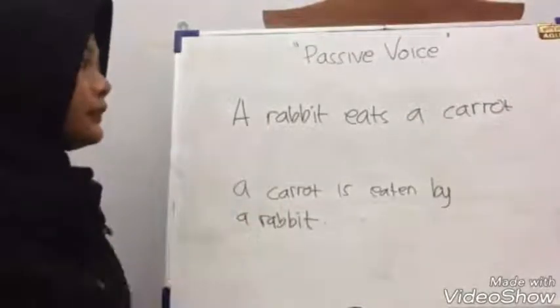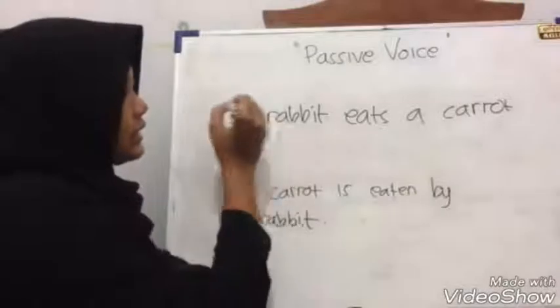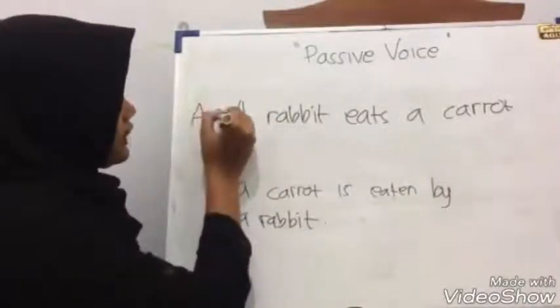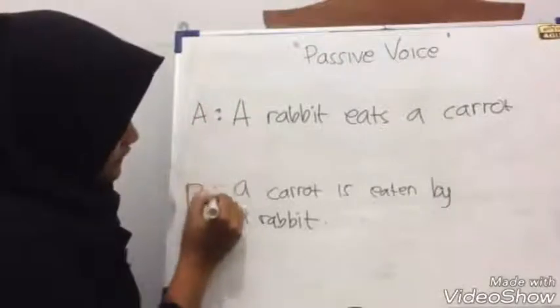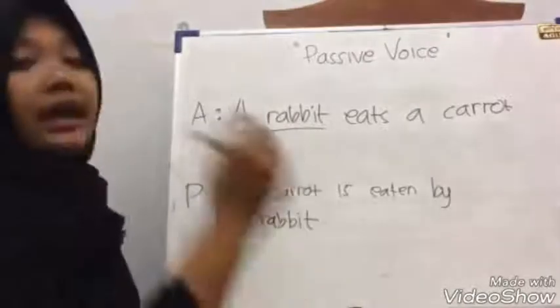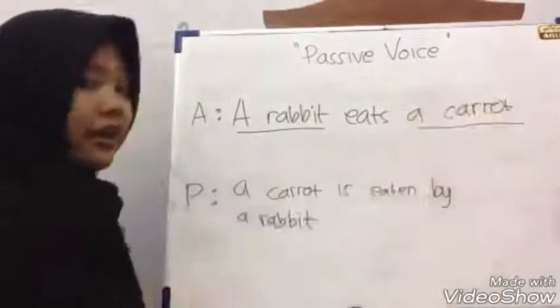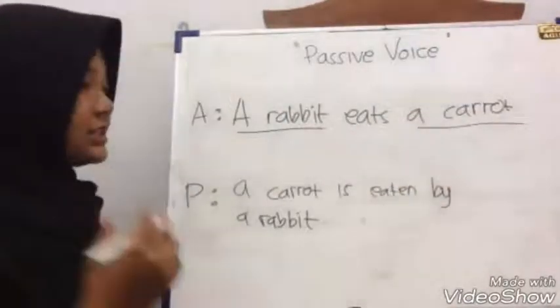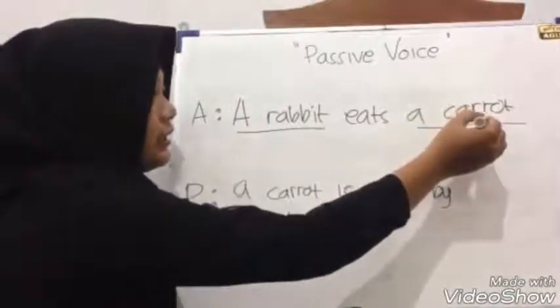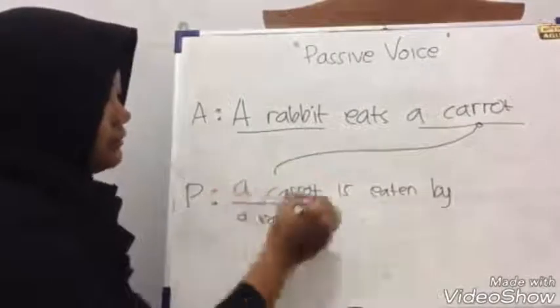This is the active voice, and this is the passive voice. The subject of the active voice is a rabbit, and the object is a carrot. When we change it to the passive voice, the object here becomes the subject in here.